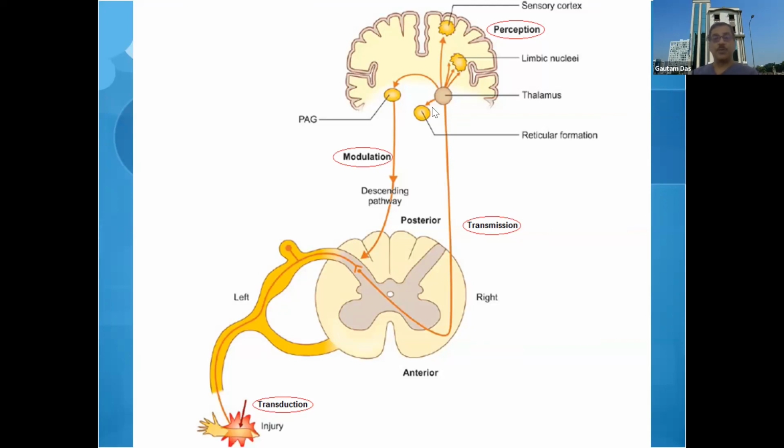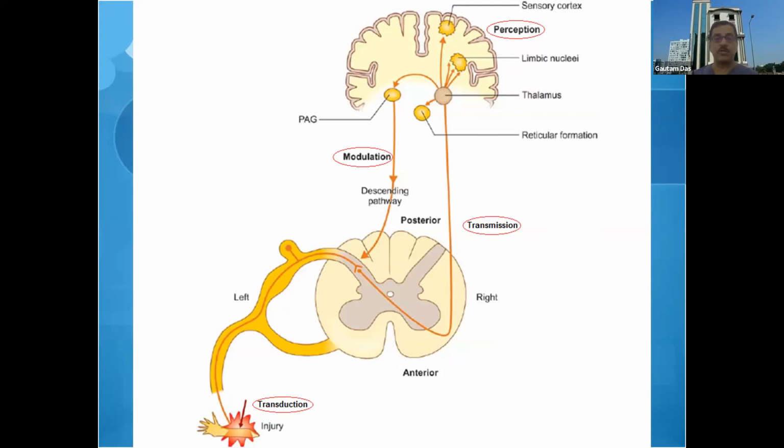Okay, so segmental inhibition is the release of the inhibitory neurotransmitters, mostly GABA and glycine. If you're asking me how to take the help of this mechanism, sometimes it has been seen that, particularly when you are using TENS or a spinal cord stimulator, as I told you, gate control theory is the most important mechanism.